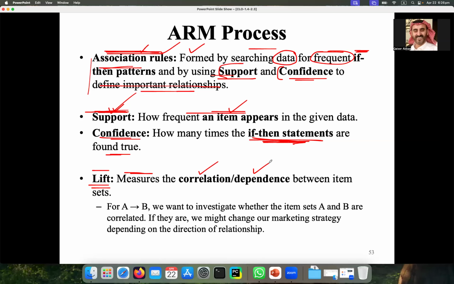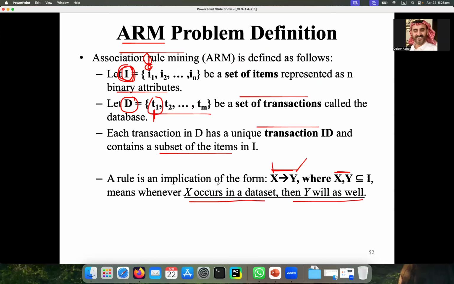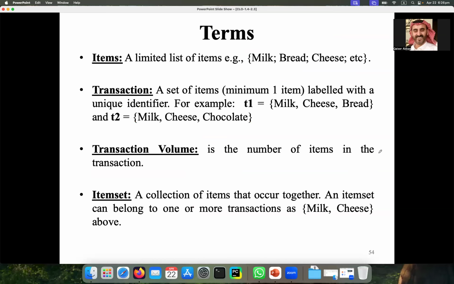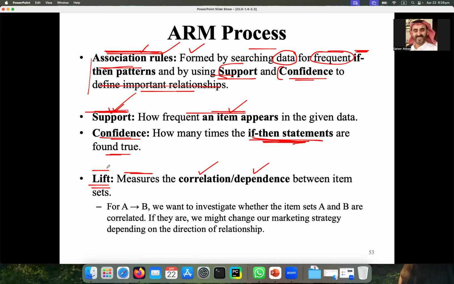How one item is dependent on another, you can calculate through this lift equation. For example, if someone buys bread and milk, he will also buy cheese. You calculate this type of dependency through the lift equation.